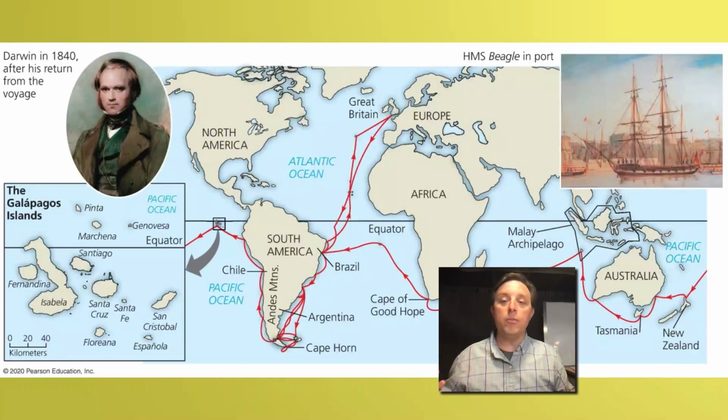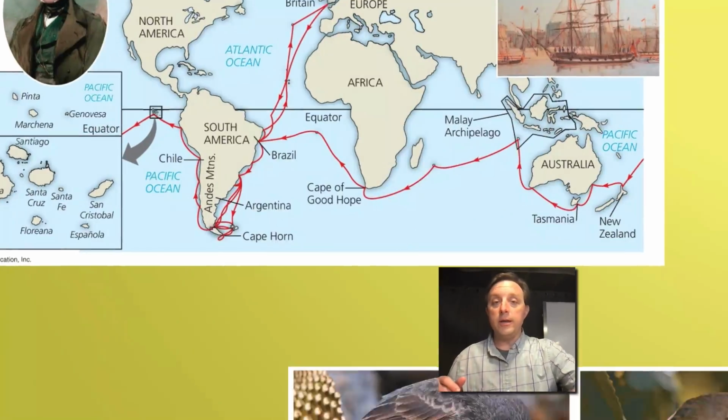Some of the most important observations that he made were off the west coast of South America in the Galapagos Islands. Some of the animals that really caught his attention were the finches.